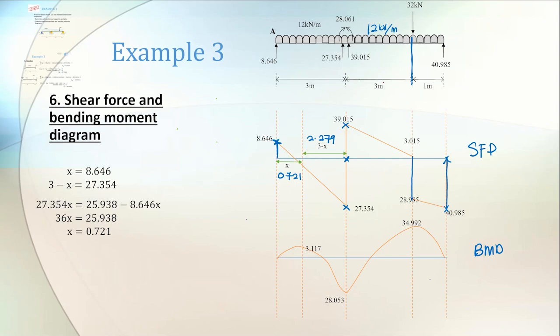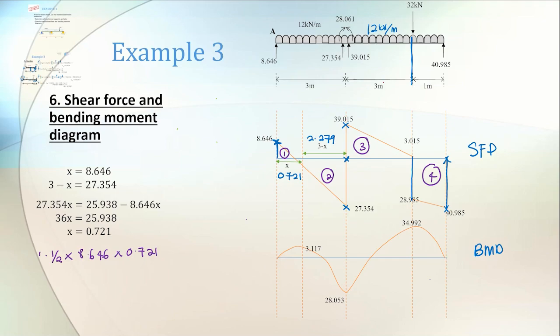Okay, so you will calculate the areas. For the areas 1, 2, 3, 4. Area number 1, this is a triangle, 1/2 times 8.646 times 0.721.